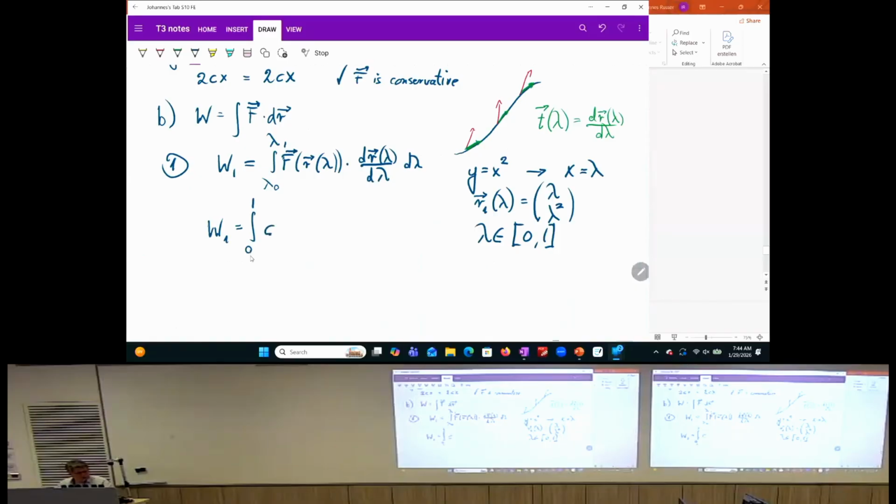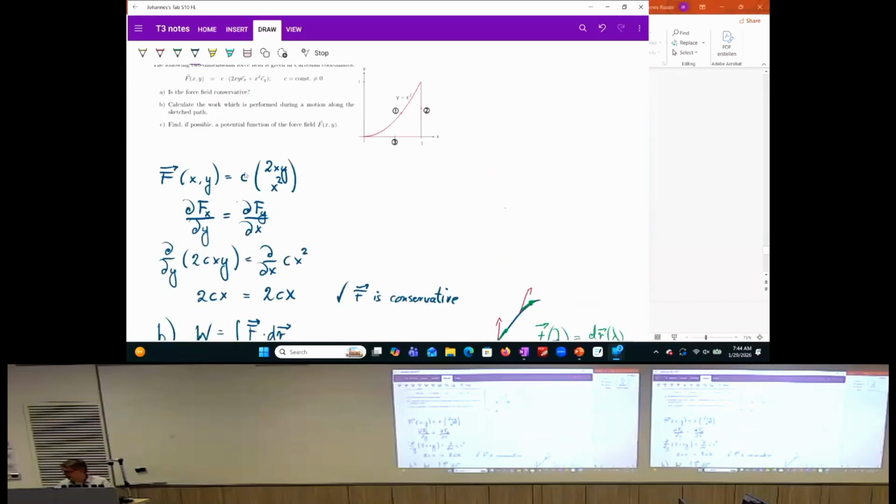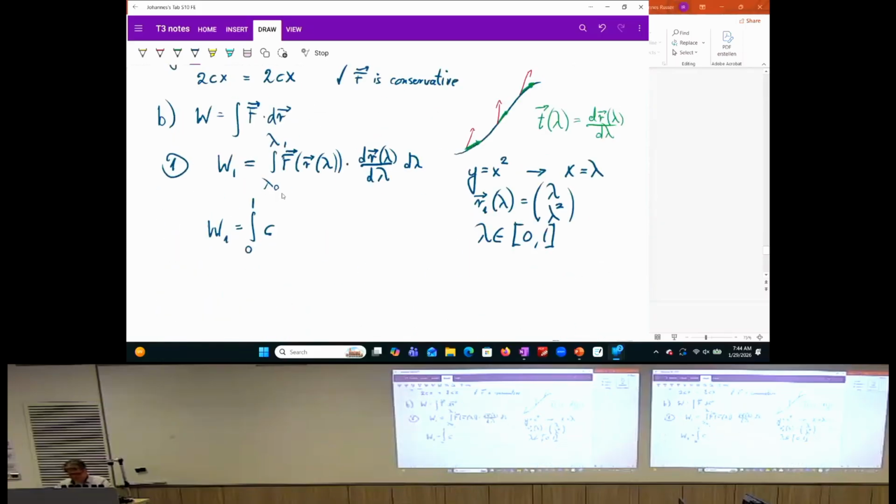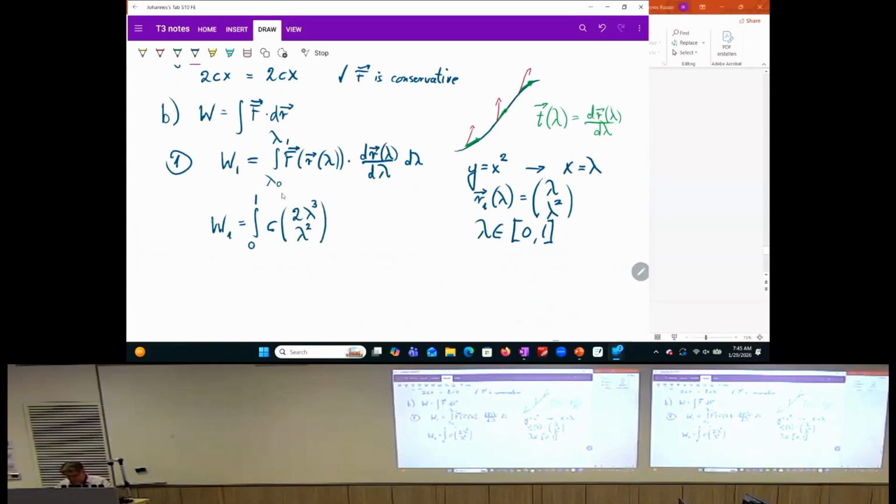The electric field, as given here, is c times 2xy, and x squared for the y component. But the x has been turned into lambda, and the y has been turned into lambda squared. So that gives us 2 times lambda to the power of 3. And the y, as we just said, is lambda squared. This becomes the new parameterized version of our force field.